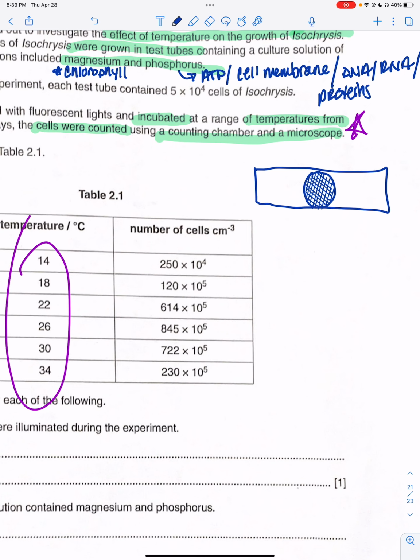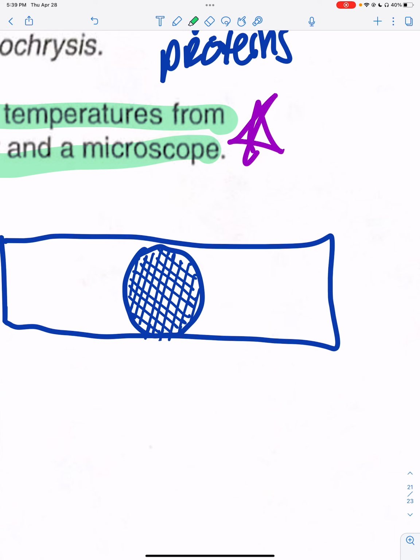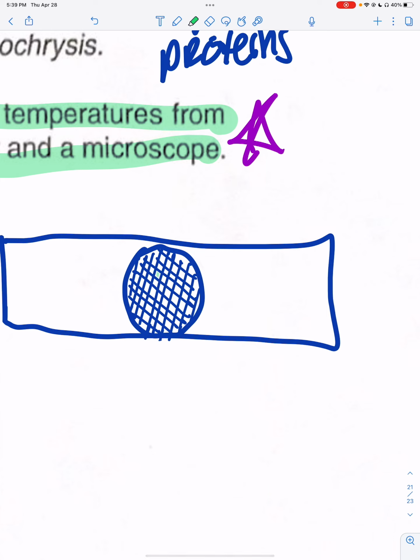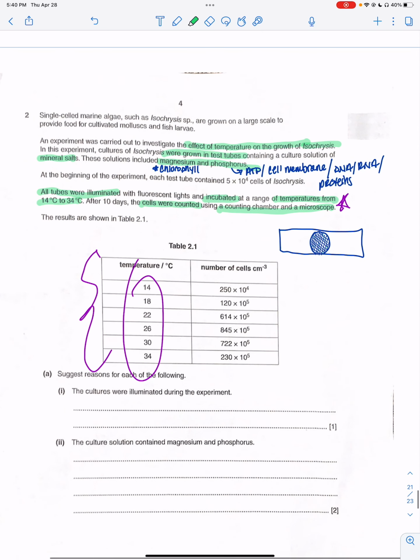And then imagine this is what you do random sampling with. So you're like, ahead of time, you would say like, okay, I'm going to count this one and this one and this one, right? And you count the amount that are in there so you're not counting all of them.